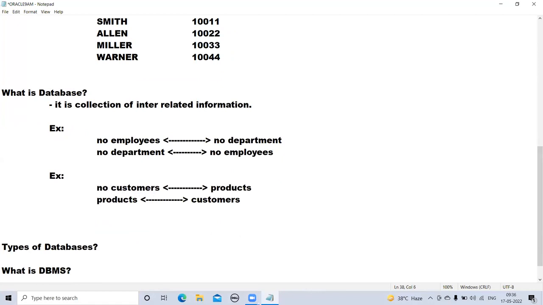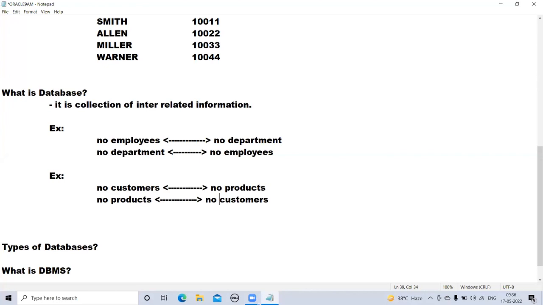Suppose I say no customer, then no product. In the same pattern, no products, and there is no customer. So can I say like this? Yes, definitely.